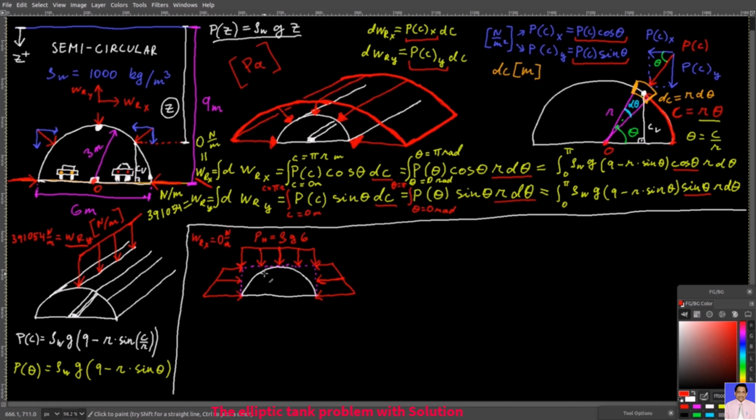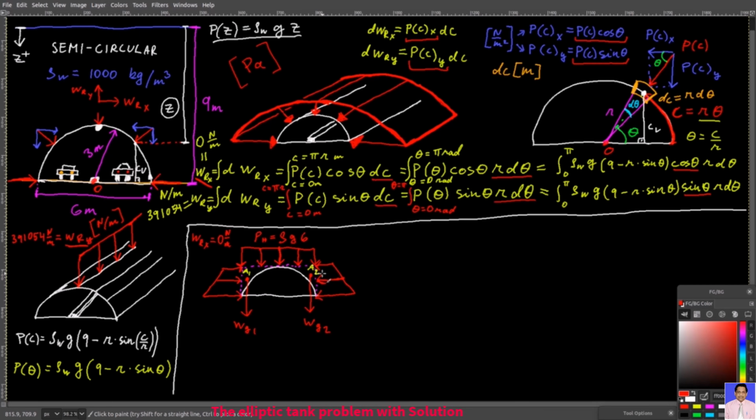And then you have two side pockets of water with areas A1 and A2. These two pockets of water have force of gravities per unit length. They pass through their respective center of gravities. So the pocket of water on the left has some kind of center of gravity, and the one on the right also has some kind of center of gravity.